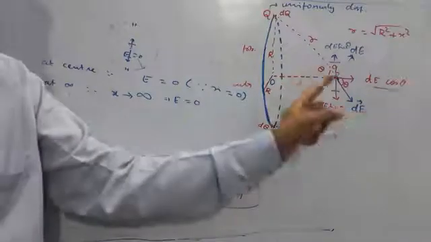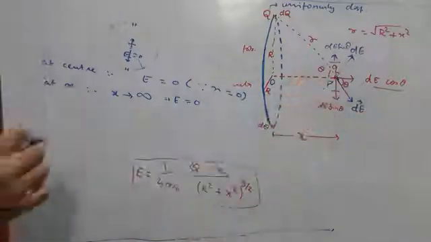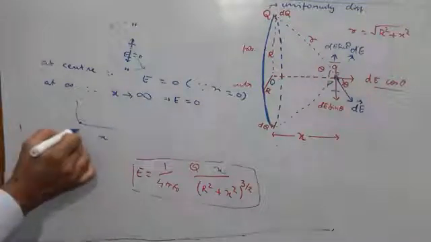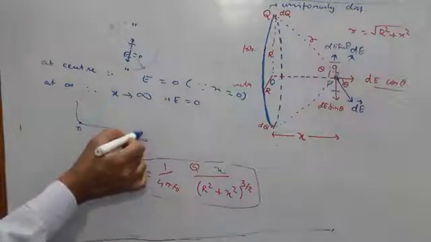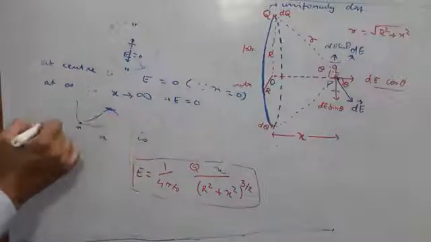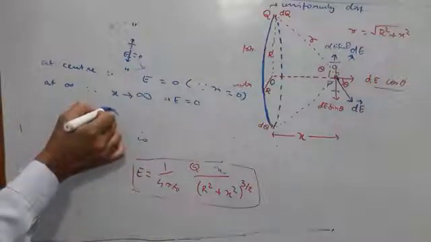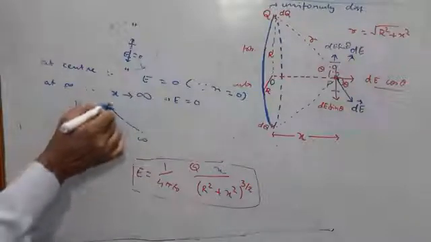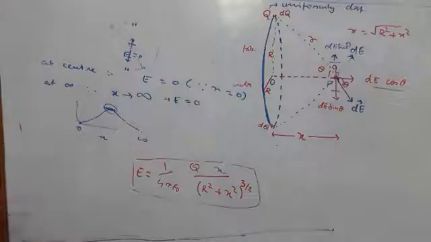In between these 2 points there is some value of electric field. So if electric field is 0 at x is equal to 0, and 0 at x is equal to infinity, then there must be some peak. It will first rise to some maximum value and then fall to 0. You have to find that maximum value of electric field.